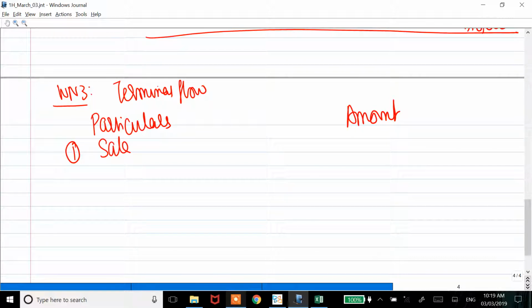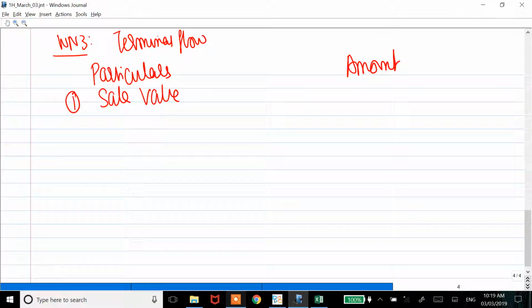Sale value. At what value the building would be sold now? 8 lakhs.